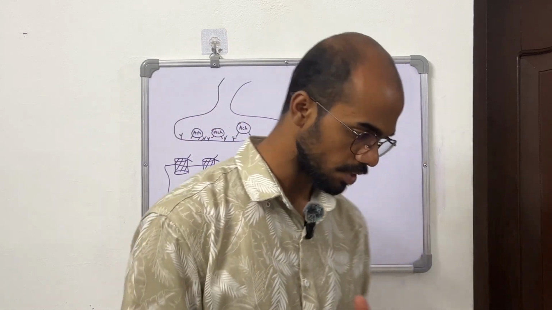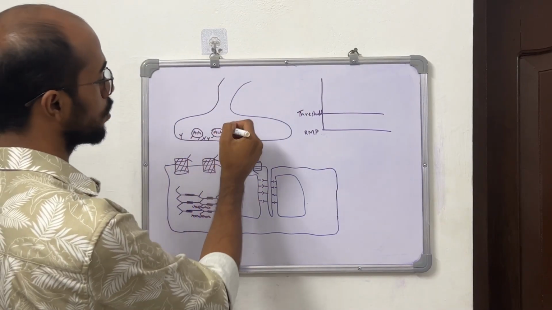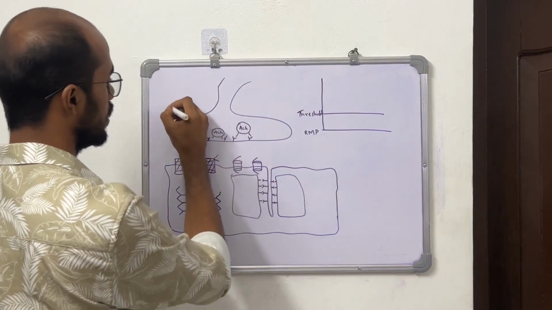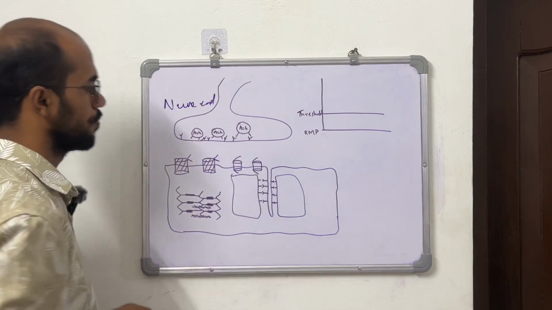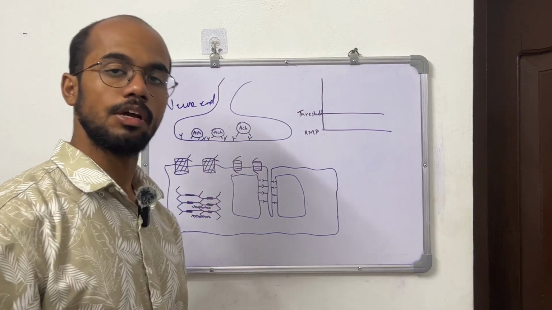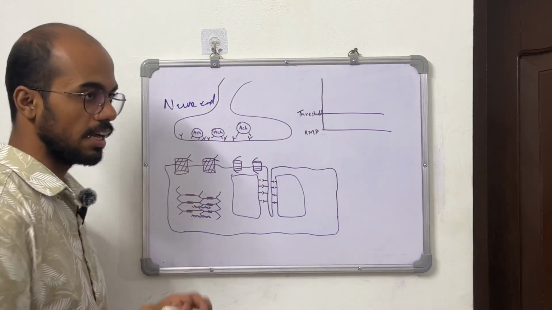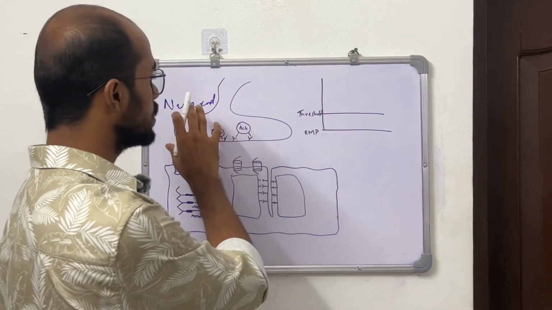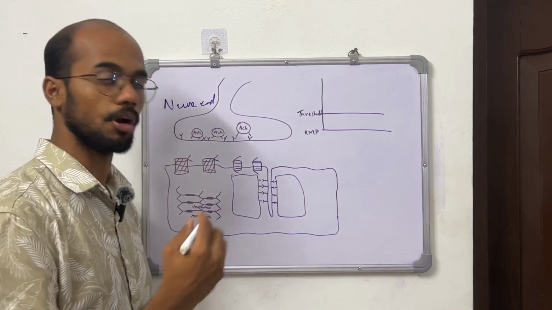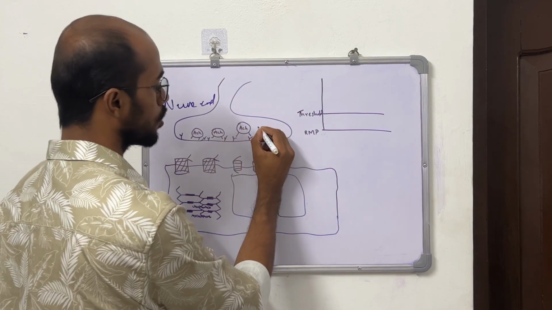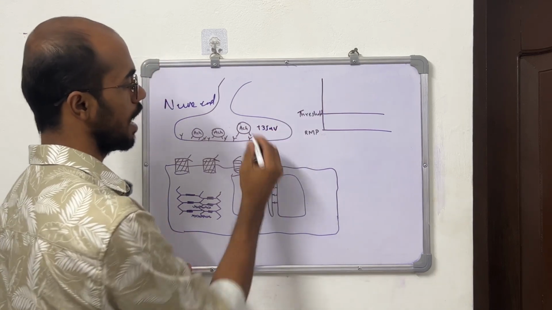Okay, so suppose our action potential has reached the nerve end. This is the nerve end. Now, if you recall the last session, what happened here? The action potential reached here, and during the production of the action potential, the inside of the cell becomes more and more positive. And when the cell potential inside becomes around negative 35 millivolt, what happens?